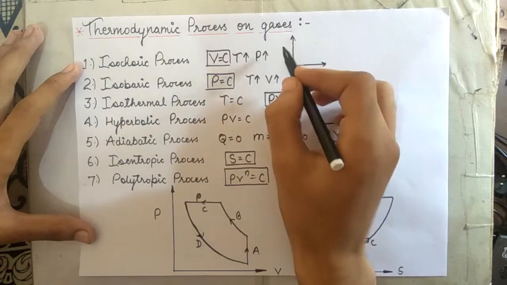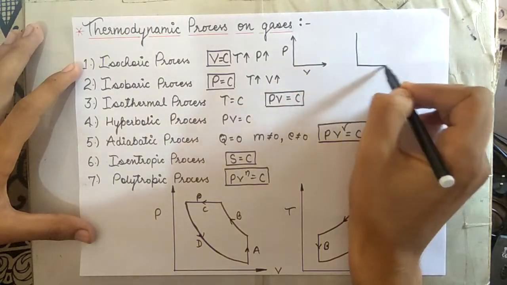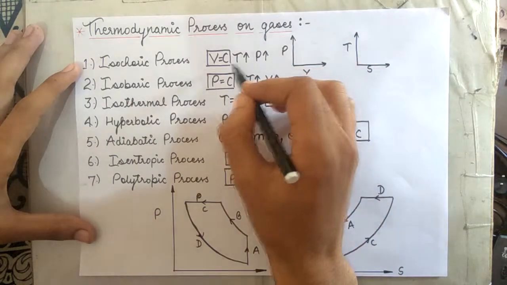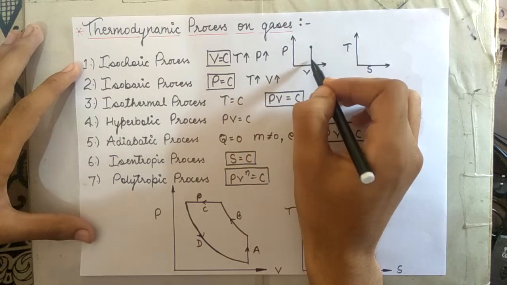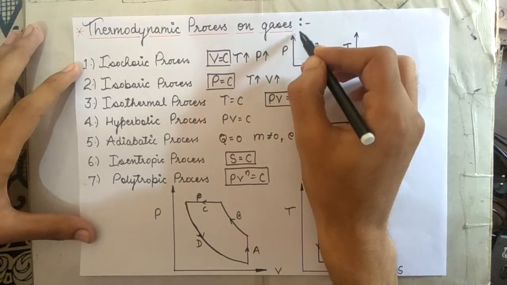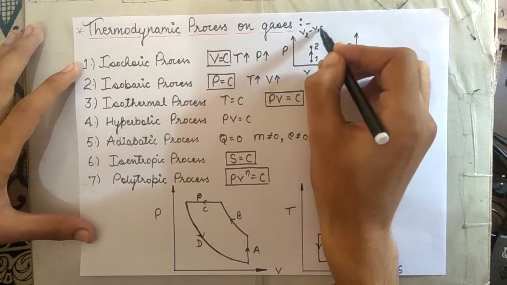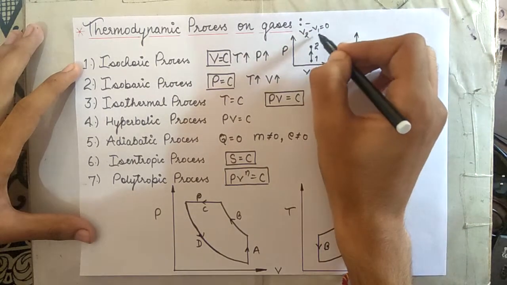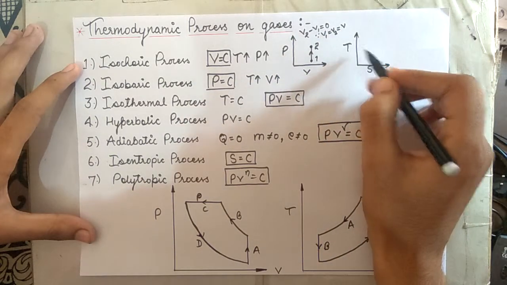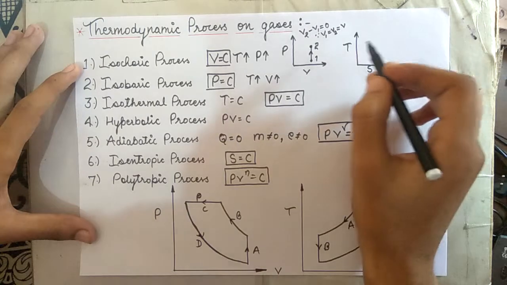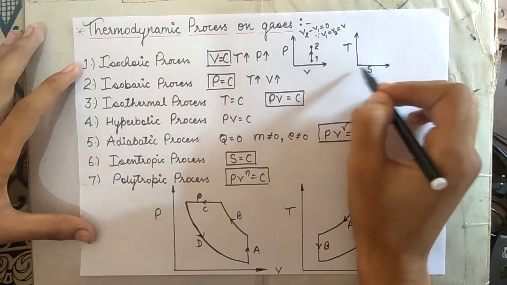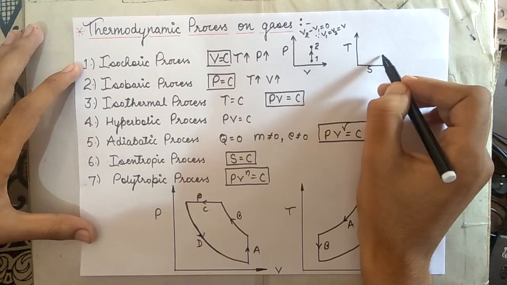First, for isochoric process. The PV diagram for isochoric process will be shown by a simple line. As you can see here, volume will be constant, so it will be shown by a simple line. Volume remains constant, meaning V2 minus V1 equals 0, because V1 equals V2 equals V. In the TS diagram, there is no volume on either axis, x-axis or y-axis, so we will make it by a simple curve.